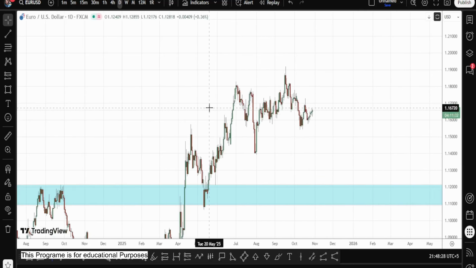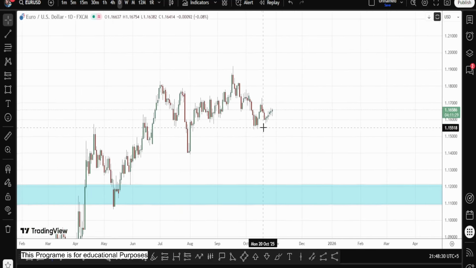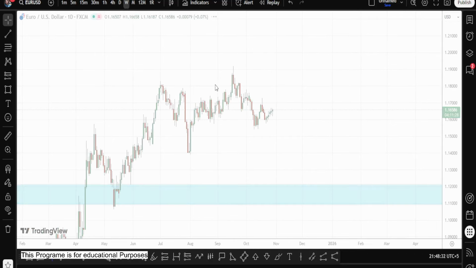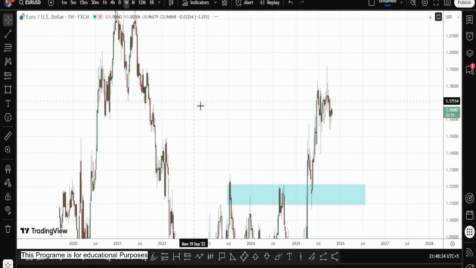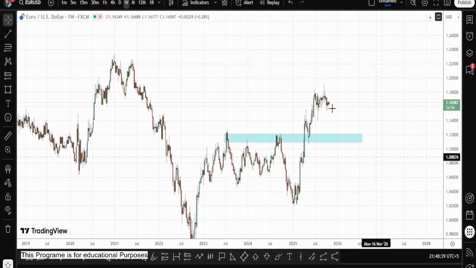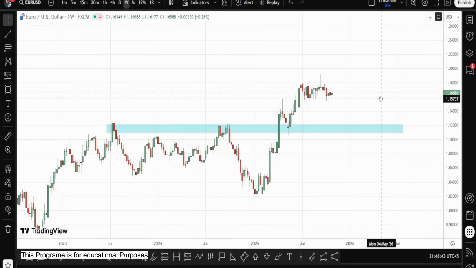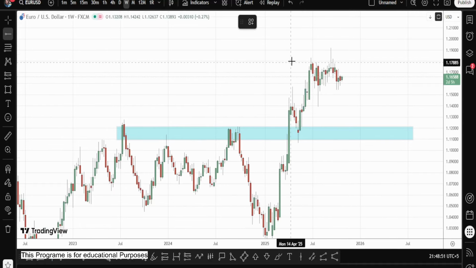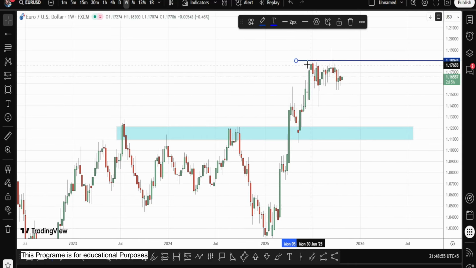Right here, first of all, the weekly time frame. Previously what I said is that this market tried its level best to break this level, and since then it has not reached that level. Resistance comes around 1.18049 approximately, this one.